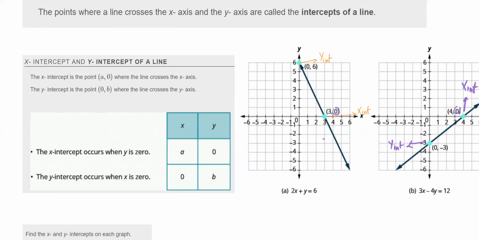And if you look at the y-intercepts, it's the other way around. They both have the x-coordinate as 0. And that is what is being captured here in this table on the left. The definition here says the x-intercept is the point (a, 0), where the line crosses the x-axis. The y-intercept is the point (0, b), where the line crosses the y-axis.